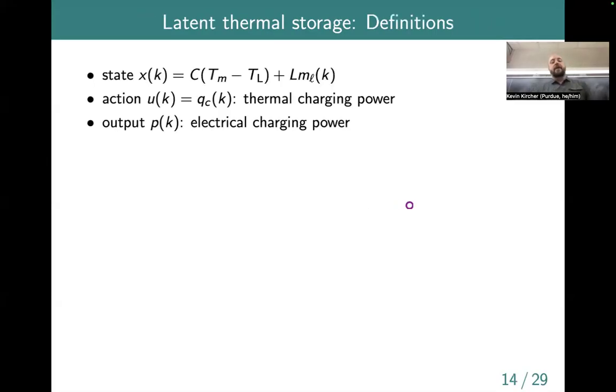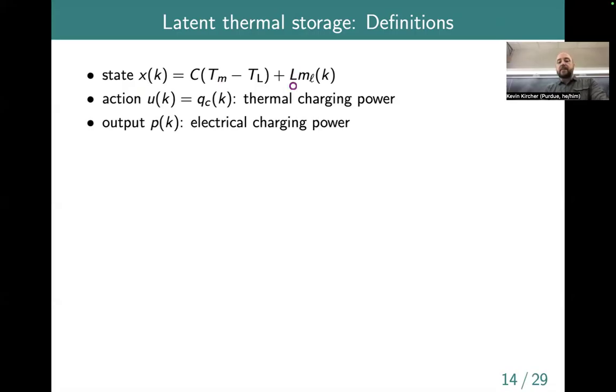And then the latent thermal model here. Again, we can choose a benchmark temperature at which we define the energy stored in the tank to be 0. You can think of the energy stored in a latent thermal energy system as the energy required to bring the temperature from this benchmark TL, maybe the ambient temperature, up to TM, which is the melting point of the phase change material that we're using to store energy.